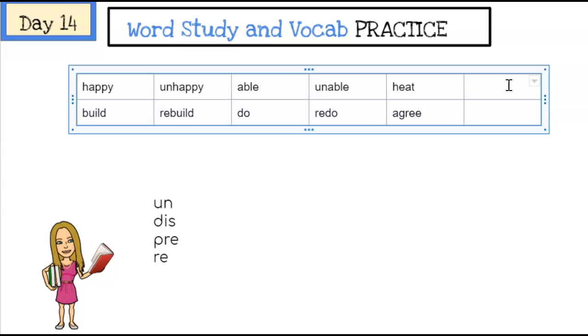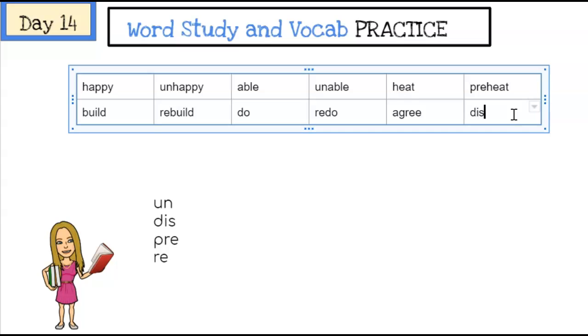So the oven is not hot yet, and I wanted to heat the oven. I would say that I am going to preheat the oven. And what if I did not agree with your opinion? You might say that I disagree, meaning I do not agree.